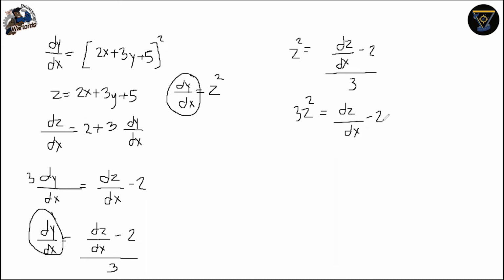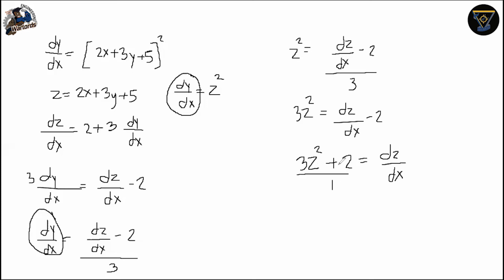Then what we need to do now is bring the 2 over to this side, so this will be 3 z squared plus 2 is equal to dz over dx. And we realize that z's are over this side, so this z needs to come over this side. So we cross multiply again, and you can put this over 1.